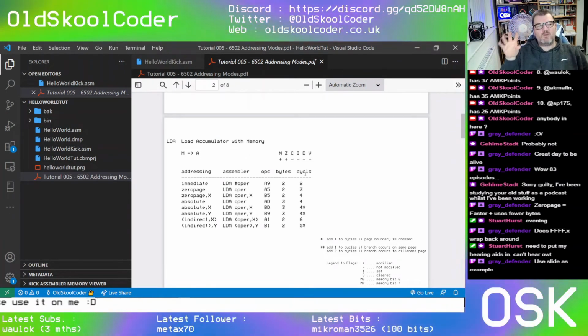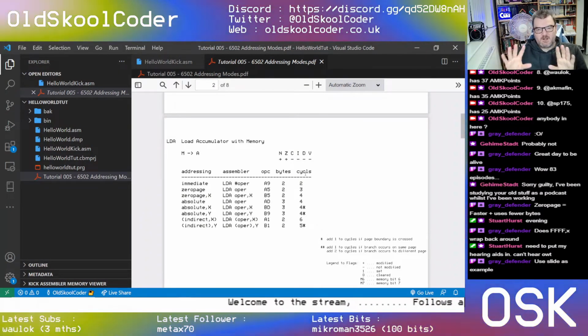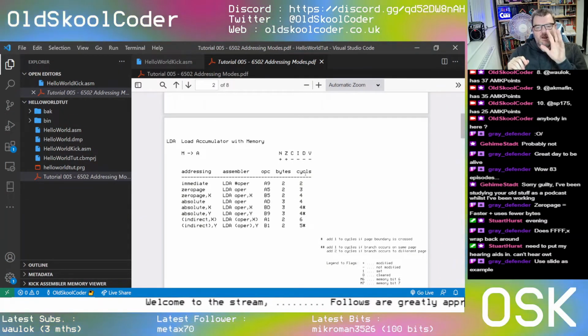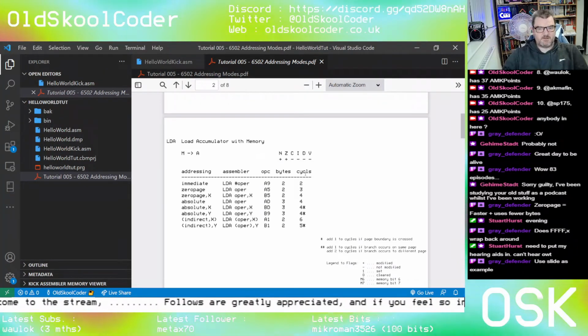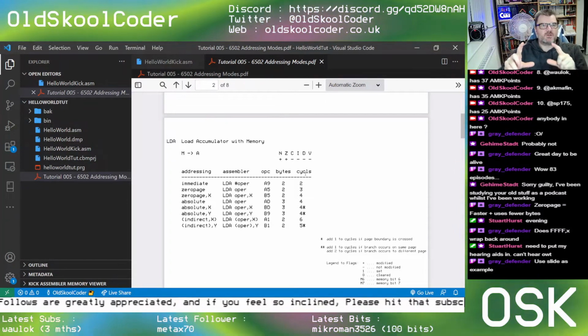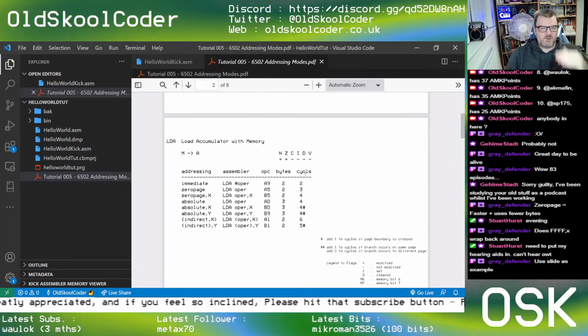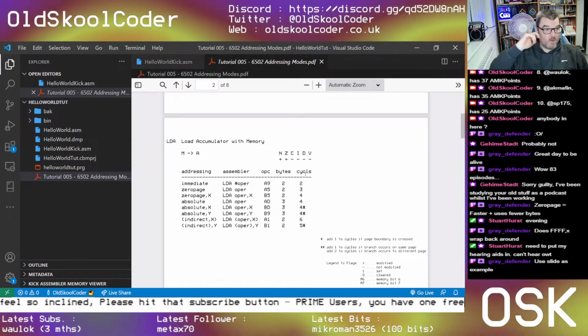But it's not really the address. It's a relational number from where you are now to where you want to go. Let's say the instruction's at 1000 and you need to branch down to the instruction at 1010.